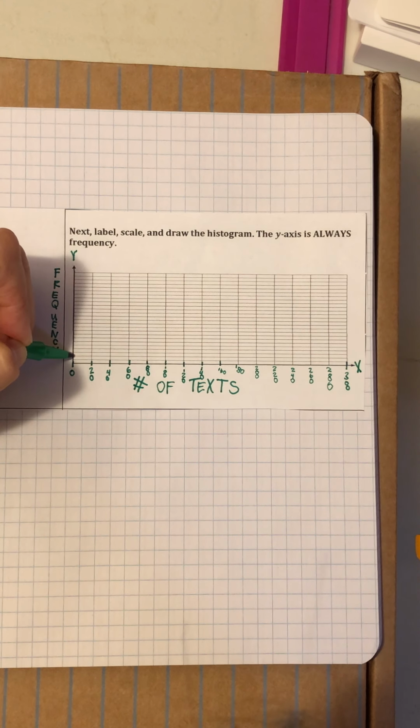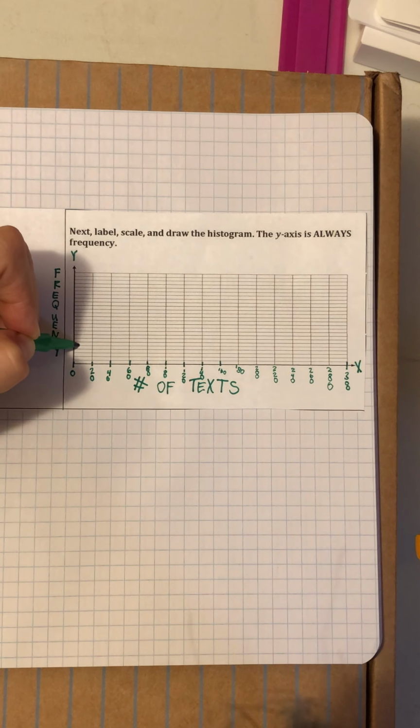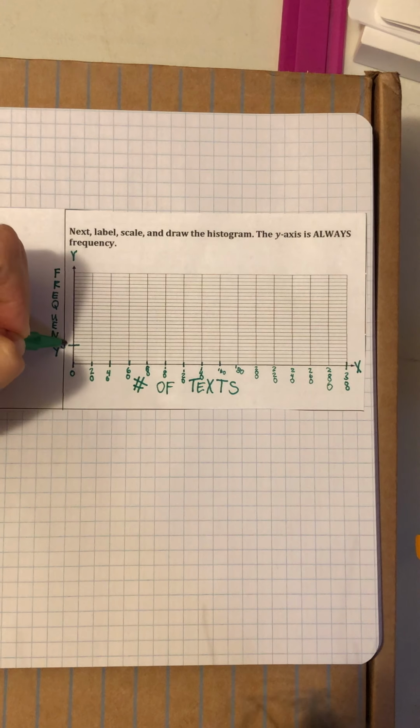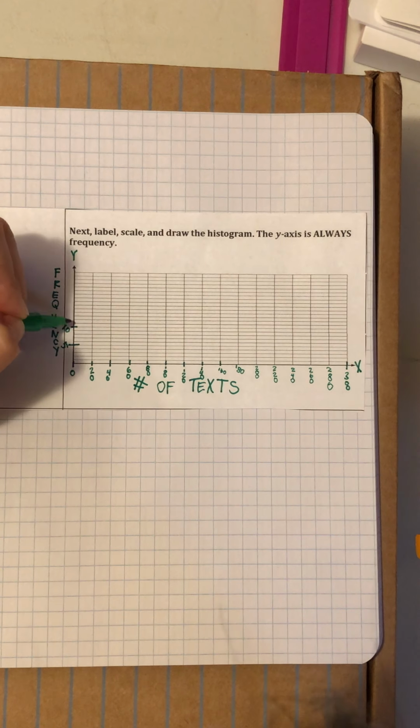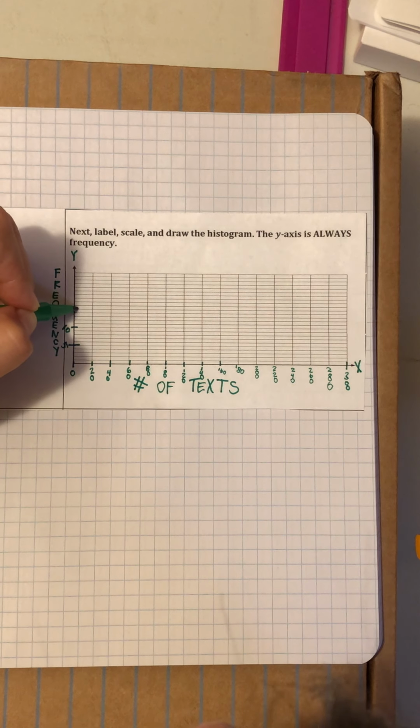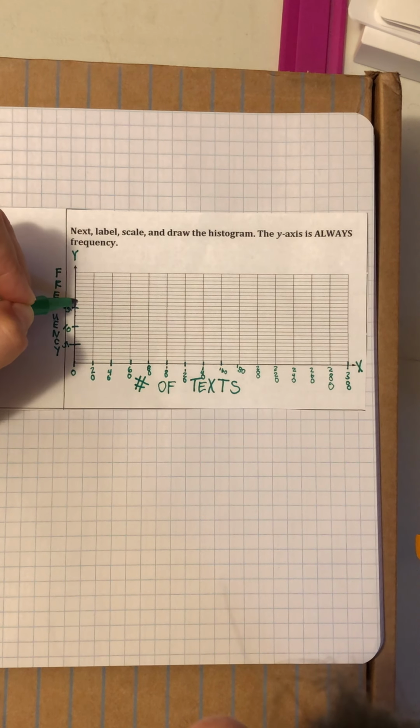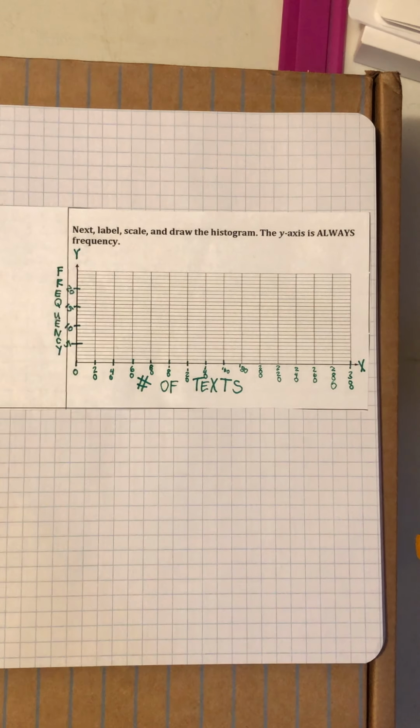So this is 1, 2, 3, 4, 5, 6, 7, 8, 9, 10, 11, 12, 13, 14, 15, 16, 17, 18, 19, 20. All right. So we've got those, and we don't go higher than 21, so I should be fine.